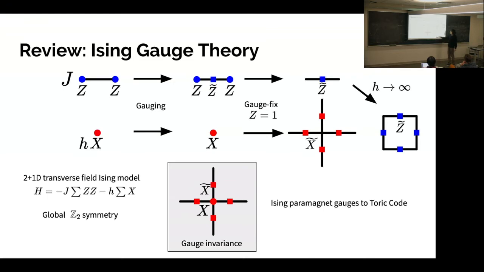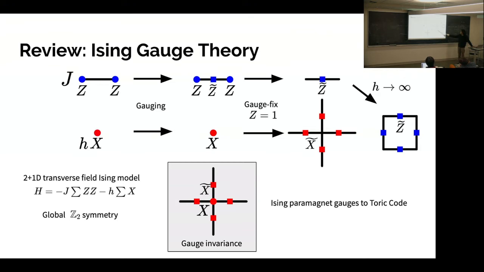When you gauge, you introduce a gauge field on your links. You modify your terms like this, and now you also have a gauge invariance, which is generated by some operator that looks like this. You can flip any spin, but now you also flip all of the gauge spins on the links next to it.